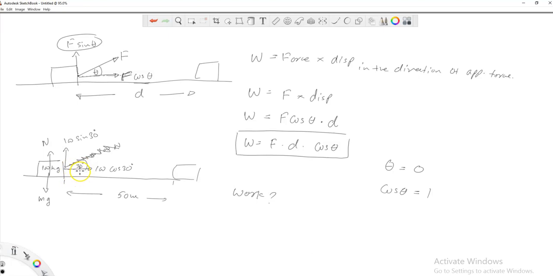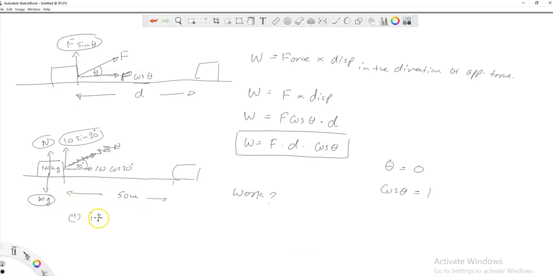As a result of this applied force, it moved a distance of 50 meters horizontally. So the question we should determine is, what are the forces that are really doing any work here? It moved 50 meters, but mg, the normal force, and 100 sine 30 are all perpendicular to this 50 meters.